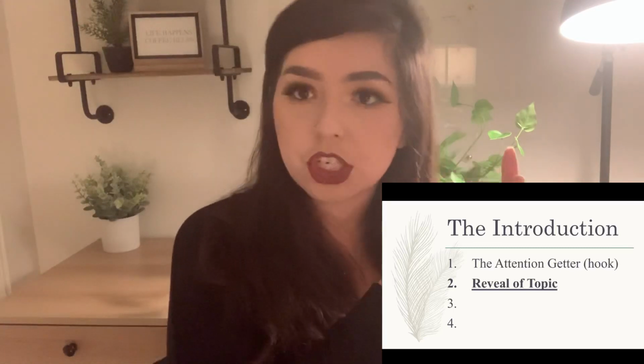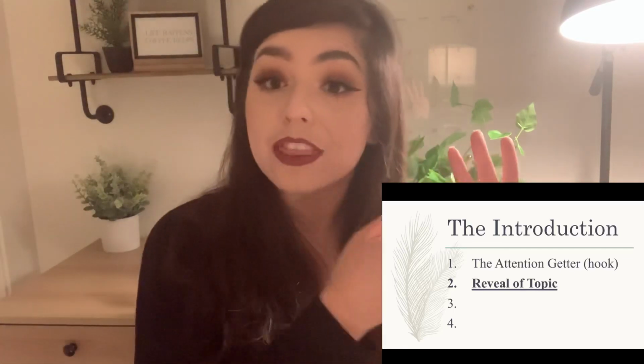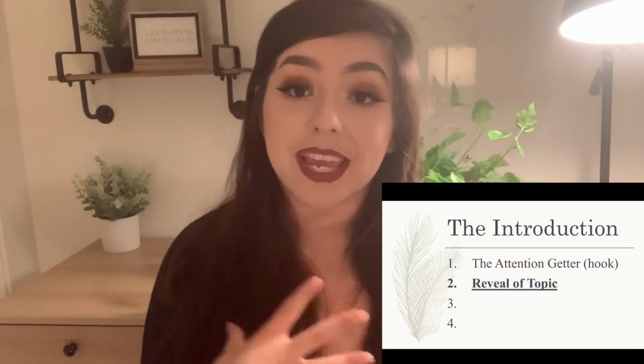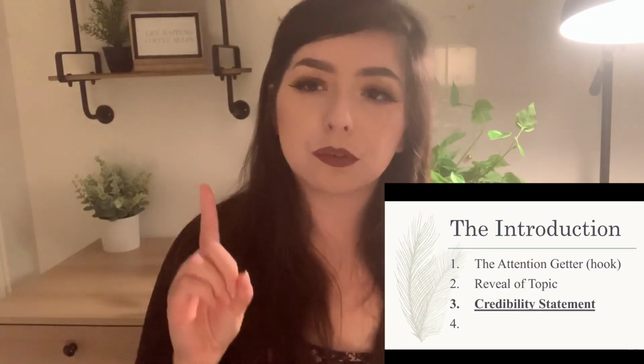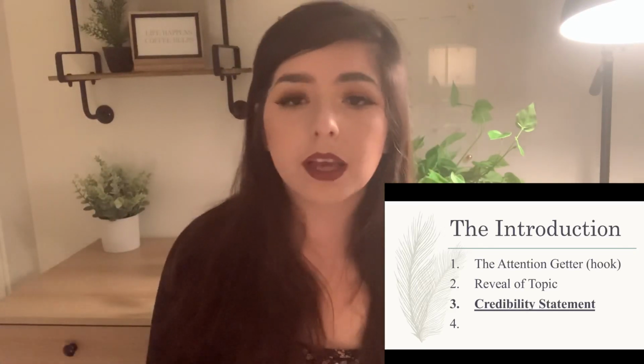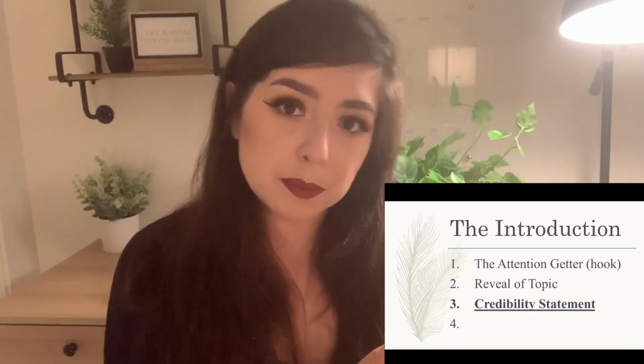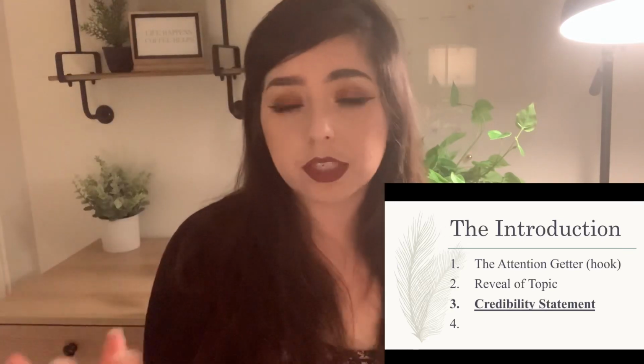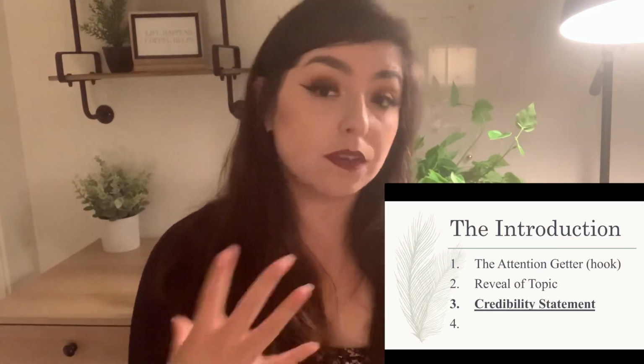So 1, attention getter, 2, reveal of topic, then 3, you are going to want to give a credibility statement. Now with your first and second presentation, you don't need to do that. You know you better than anyone else. For your informative and persuasive speech, however, you're going to want to let your audience know, why am I credible to give this presentation?